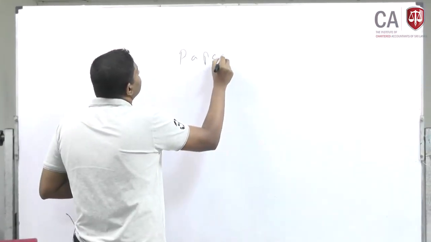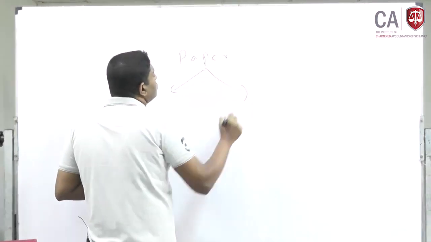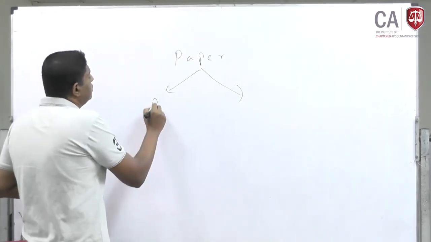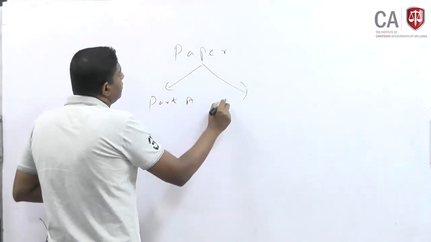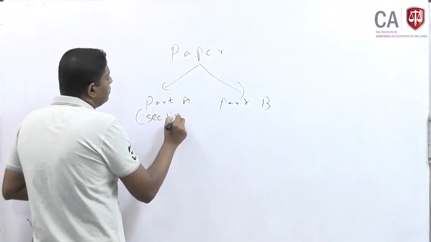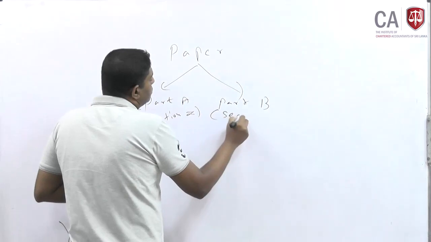If I summarize what is given in this syllabus again, the paper consists of two parts, Part A and Part B, or we can say Section 1 and Section 2.